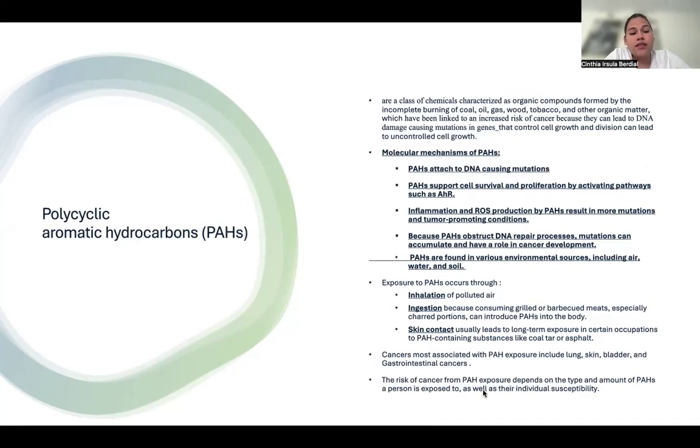Talking about polycyclic aromatic hydrocarbons, known as PAHs, are a class of chemicals characterized as organic compounds formed by the incomplete burning of coal, oil, gas, wood, tobacco, and other organic matter, which has been linked to an increased risk of cancer because they can lead to DNA damage, causing mutations in genes that control cell growth and division that can lead to uncontrolled cell growth.